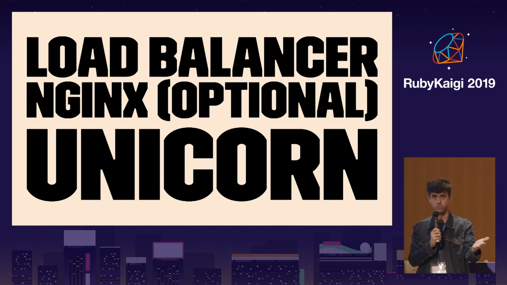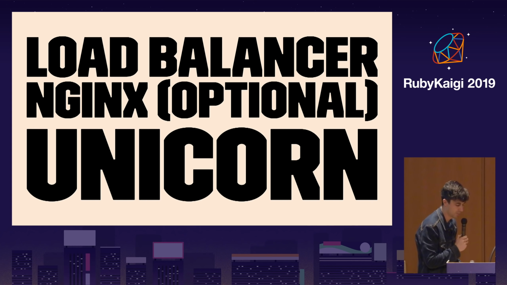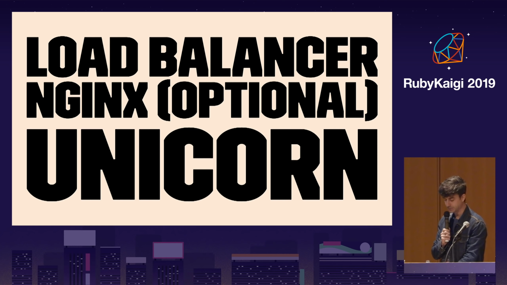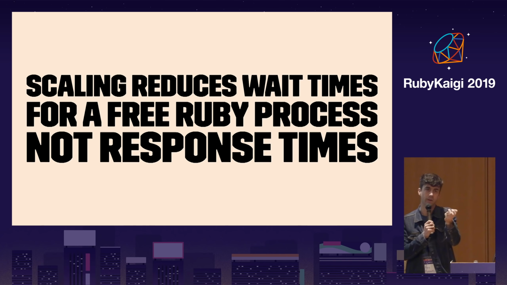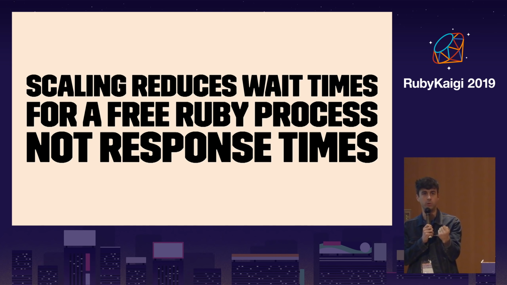The request queues, okay? It doesn't really queue. It sits in a socket waiting to be picked up by a new free Unicorn worker, okay? That time sitting in the socket waiting for a free Unicorn worker is what we're trying to reduce. That's what we're working on.